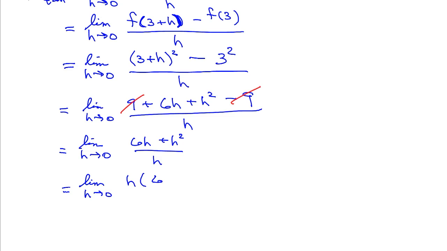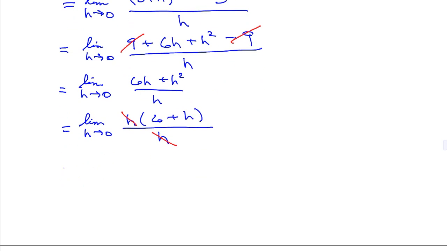So this is 6 plus h times h divided by h. What cancels? h. So now the limit as h goes to 0 of 6 plus h.